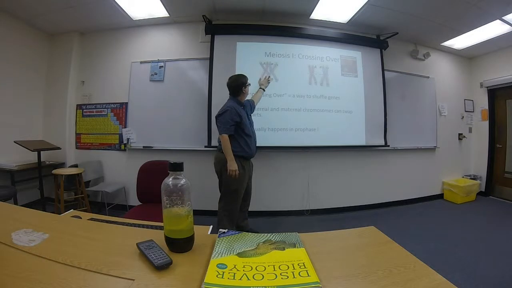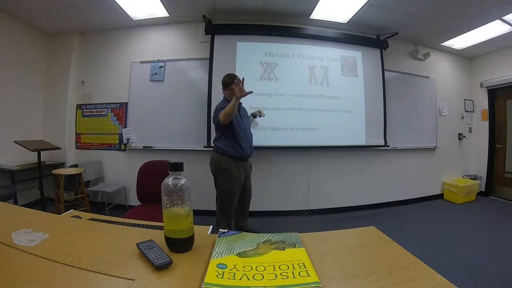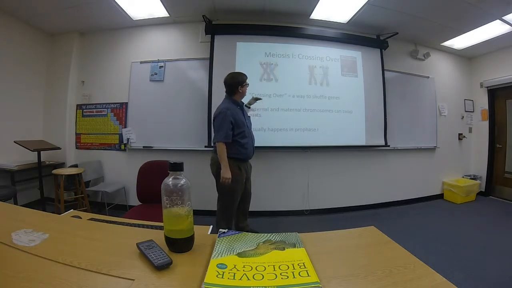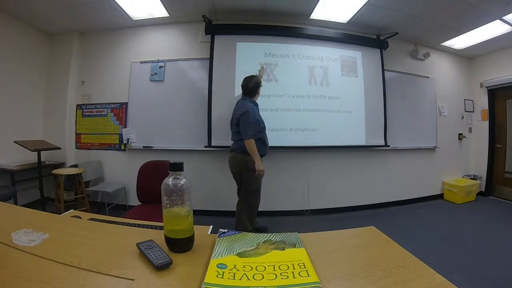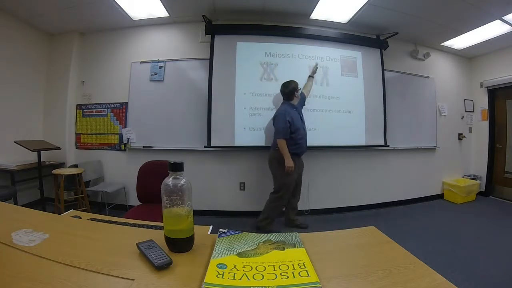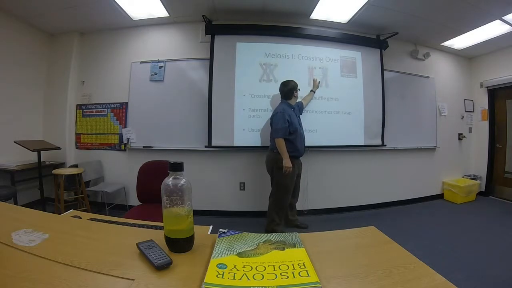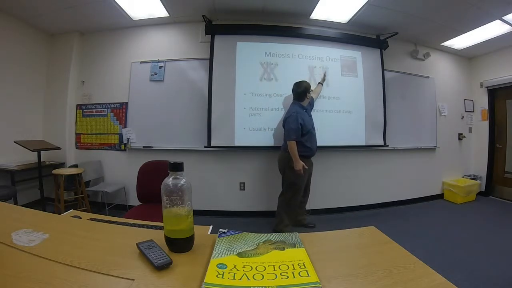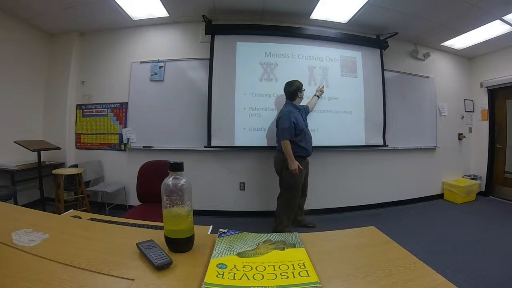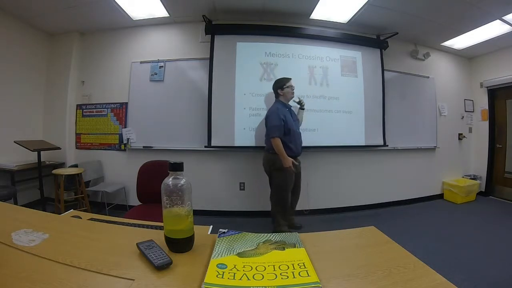So if they swap pieces, as long as they swap at the same level and you don't have something weird happening, you can end up with, instead of just having a chromatid that's all mom's DNA, or a chromatid that's all dad's DNA, a chromatid that's almost all mom's DNA, but on the end of it, it uses dad's versions of those genes instead. Or it could be mostly dad's DNA, but with some of mom's on it. So it gives you more genetic diversity.